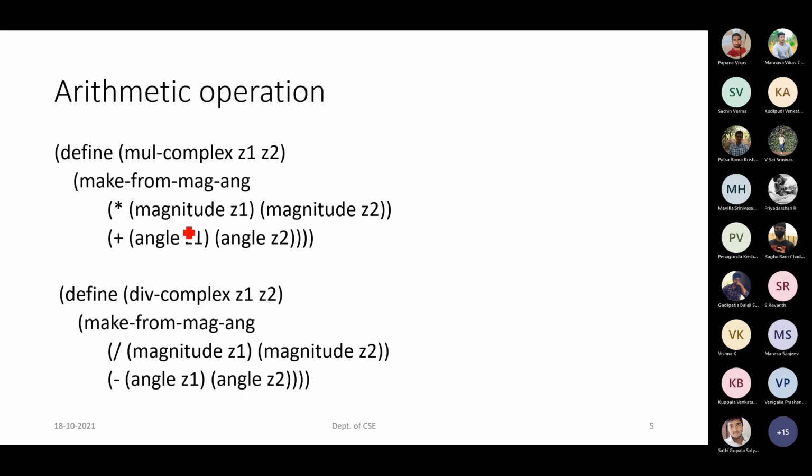So multiplication of the magnitude part of the first complex number with the second complex number. And the second value will be the angle. Whenever we multiply two complex numbers, we apply addition to the angle values. So we will be adding both the angles, which is the second part of our data.